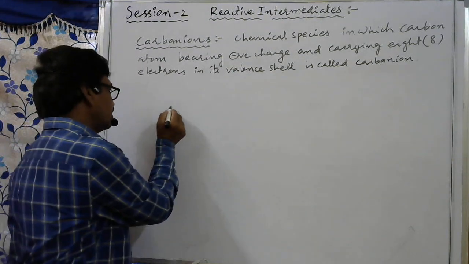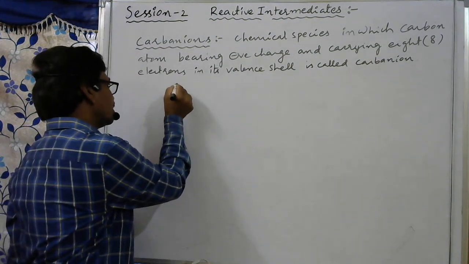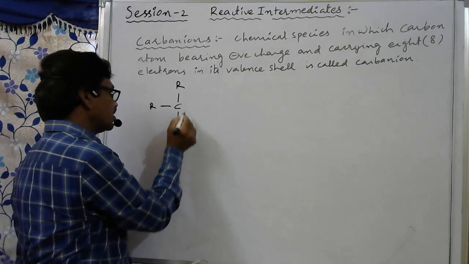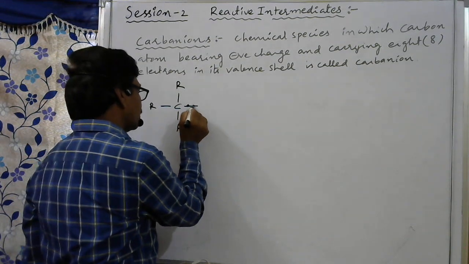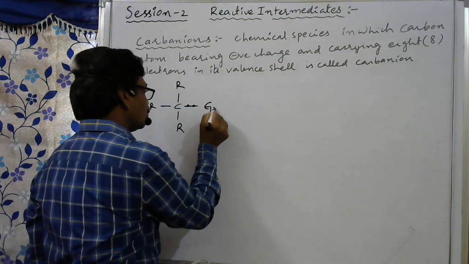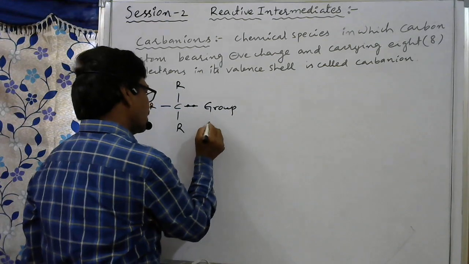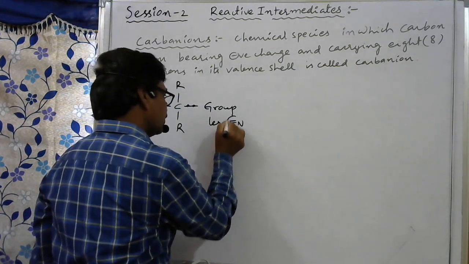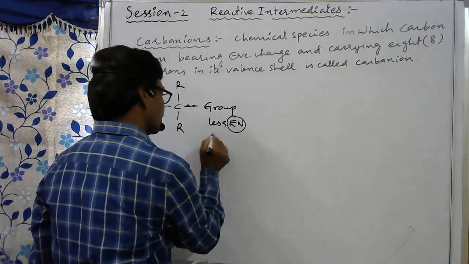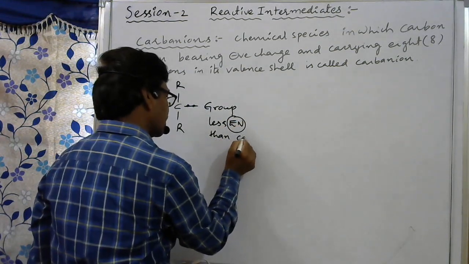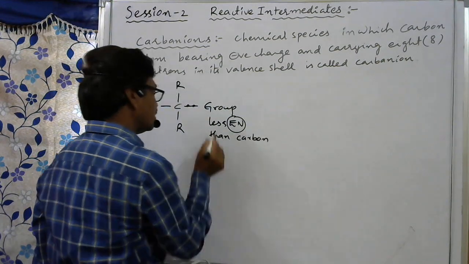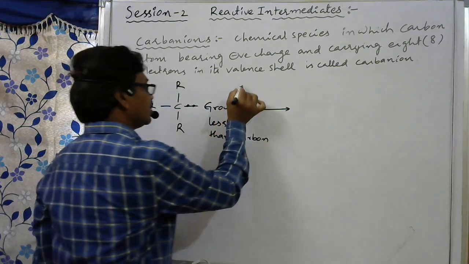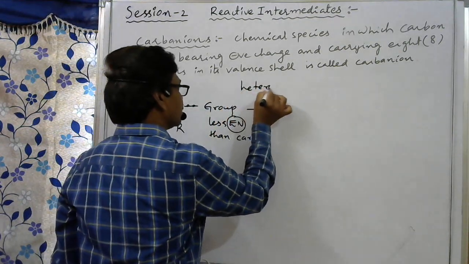So you can write carbon here, one R group here, another R group here, and one more R group here. Here, for example, 2 electrons are present. Here I am writing one atom or group that is less electronegative than carbon. Because it is less electronegative, during the reaction a heterolytic cleavage takes place.